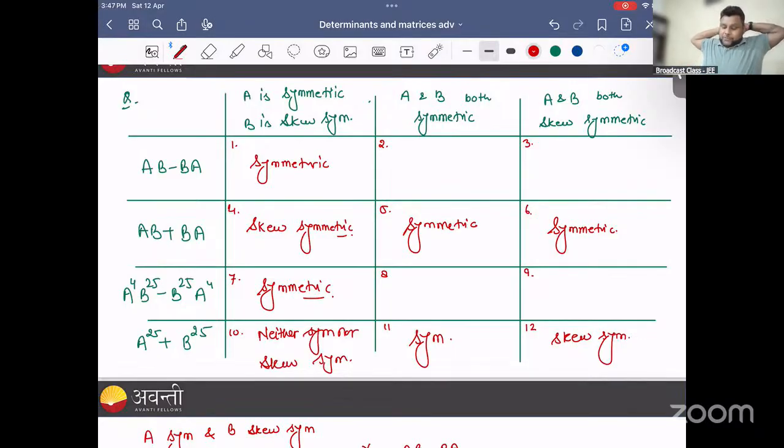Other parts also, 4 left. Quickly, second, third, 8, 9. Please respond.